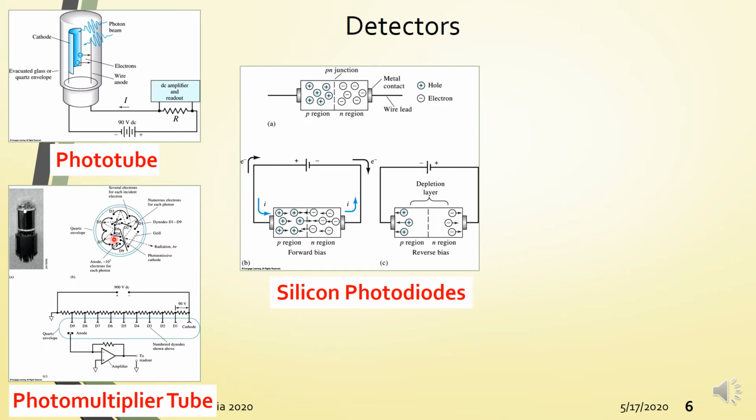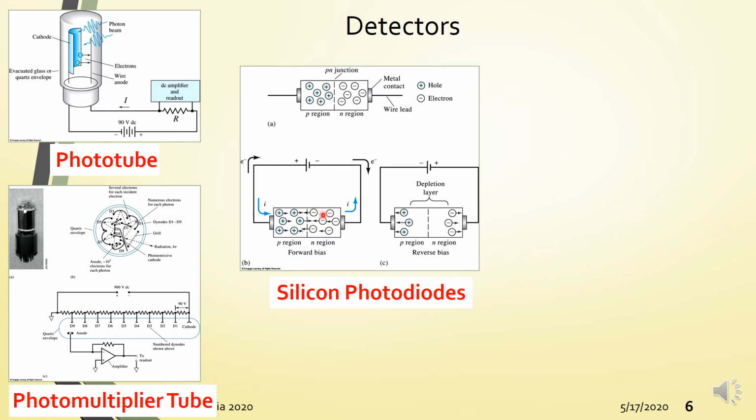Okay. Next, you have your silicon photodiodes. All right. So let's look at a diode first. A diode is an electrical device that allows the passage of current in one direction only. All right.